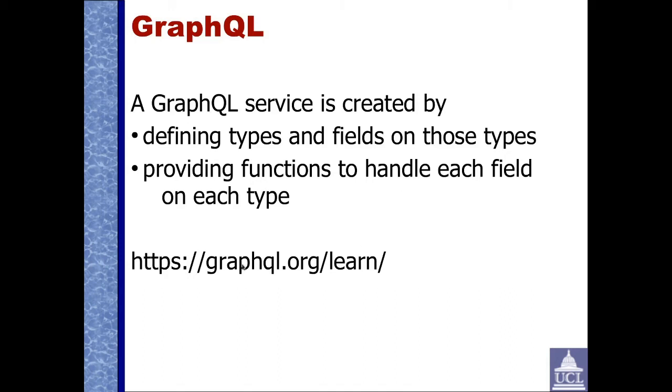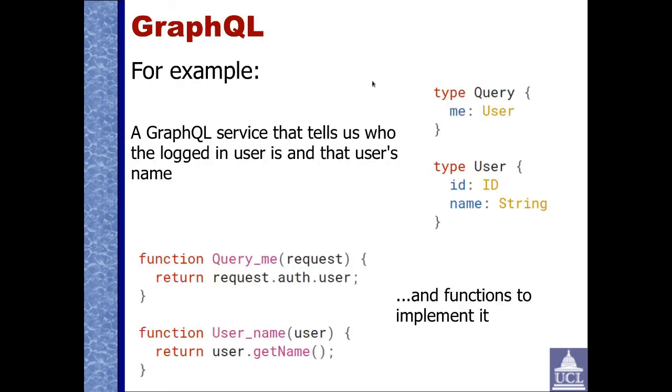And I'm going to recommend that you have a look at this graphql.org/learn webpage in order to find out more about this. But I'm going to take some little extracts from that just to show you the basic ideas. So here's an example of a GraphQL service that tells us who the logged in user is, in other words, you yourself, and that user's name.